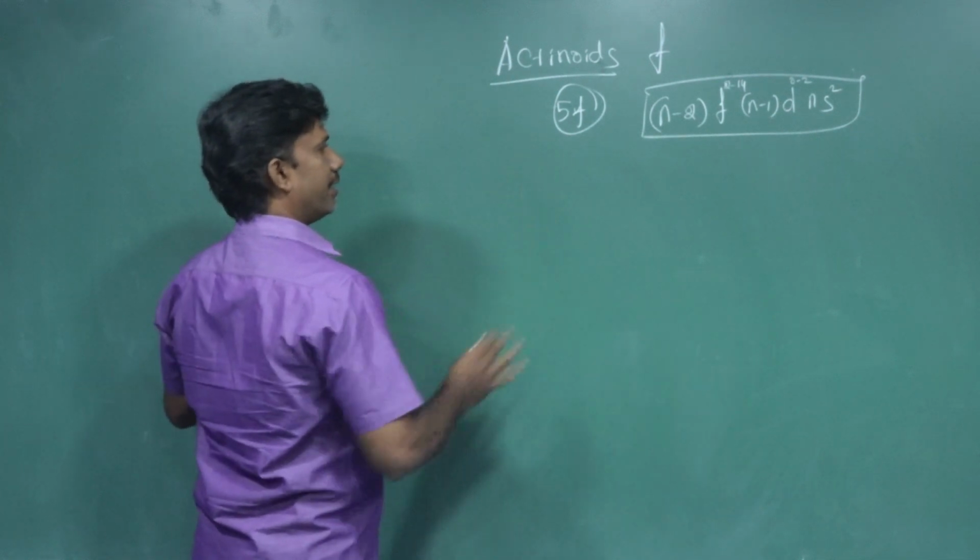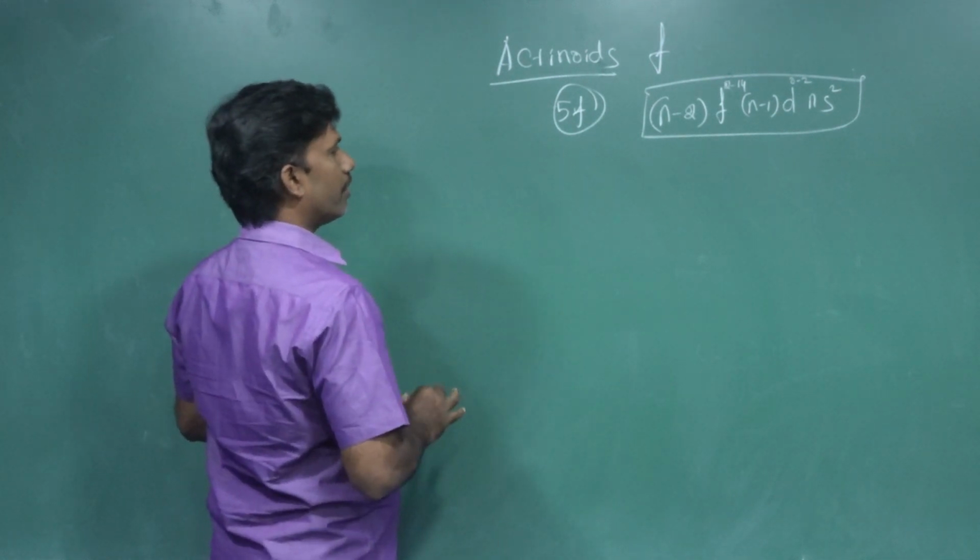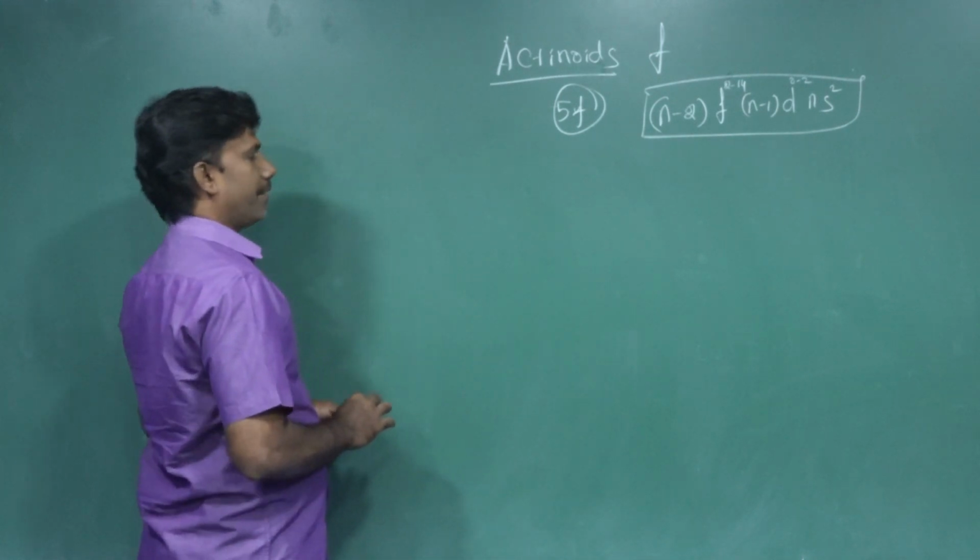Let us see the tabulation clearly, then you will come to know how the electrons are filling in the actinides.